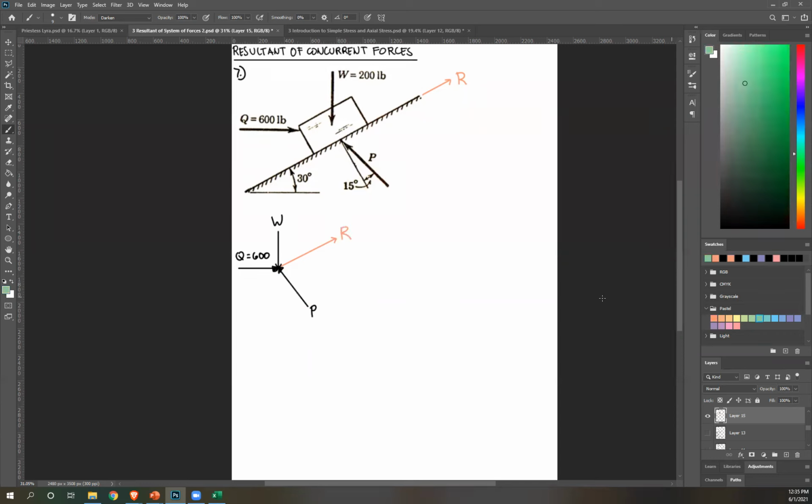Okay, so let's try and solve. Once again, using your previous math classes, recall your theorems on angles, we have angle 30 over here. Now, if I draw another horizontal line here, recall, we have two parallel angles. If this is 30, therefore this is 30 as well, okay? They're parallel angles.